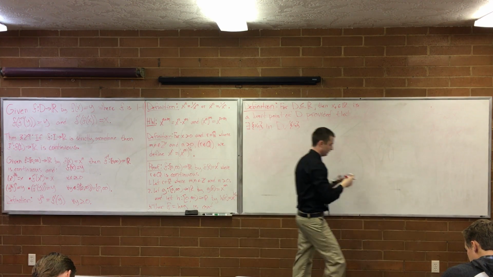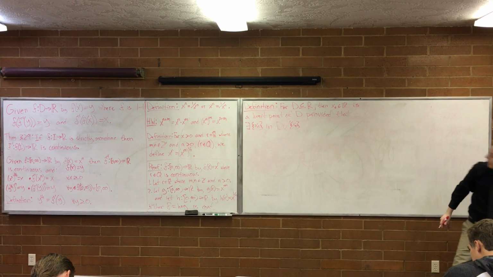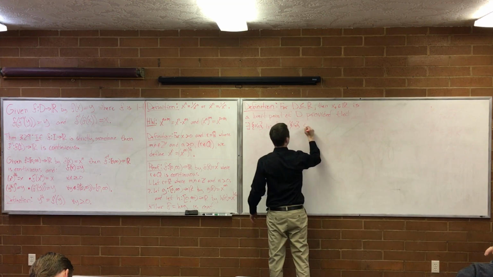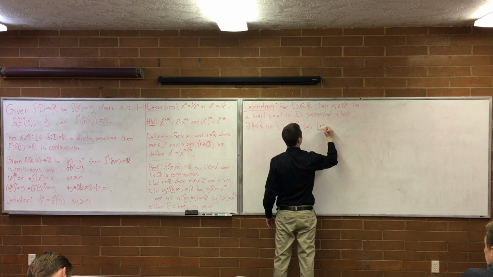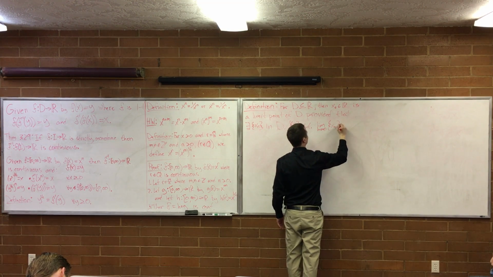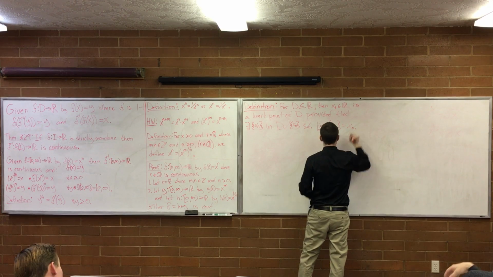Oh, I wasn't specifying that before, but I should have. Such that the limit as n goes to infinity of xn equals x naught.